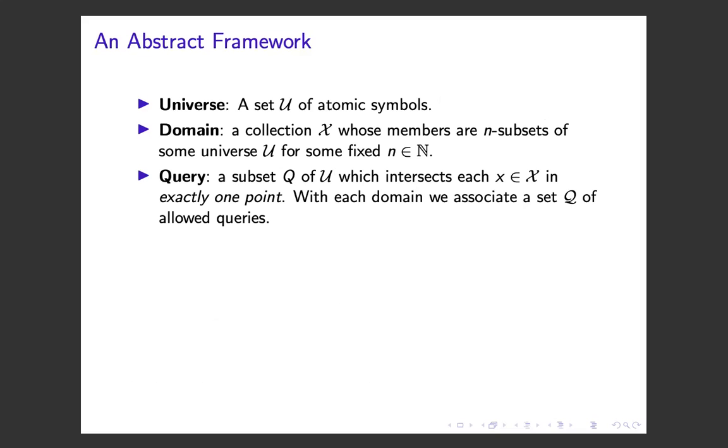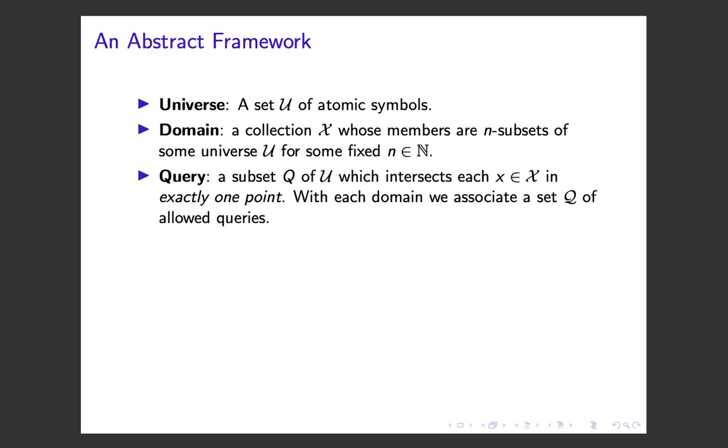Okay, so the notion of a query is useful in this framework, as we saw it was for decision trees. So a subset Q of U which intersects each member of our domain in exactly one point is called a query. Okay, and so with each domain, we associate a set fancy Q of allowed queries.